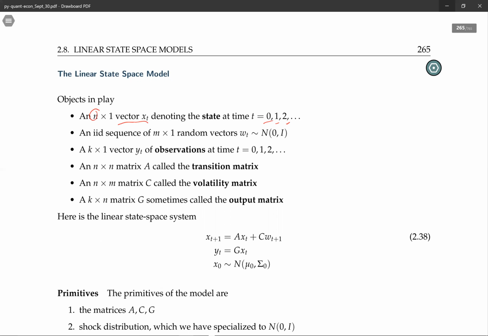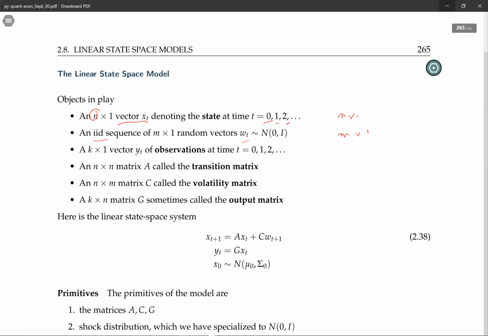And the second thing is there's going to be an independent and identically distributed sequence of normally distributed random variables. So w_t is an m by 1 vector of shocks.